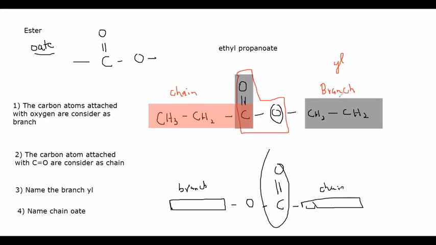So we name the branch first. The branch in this case is on the right hand side, which has 2 carbons. So we say eth. Because it's a branch of a carbon, it will be YL, so ethyl. There are 3 carbon atoms in the chain, so it is prop, and they have a single bond, so we say an. And due to this functional group, we call that oate. So it is ethyl propanoate.